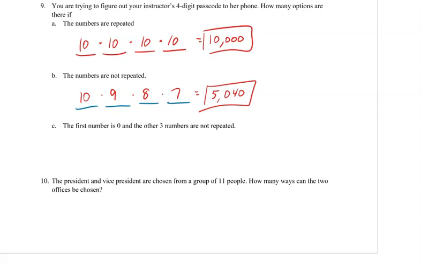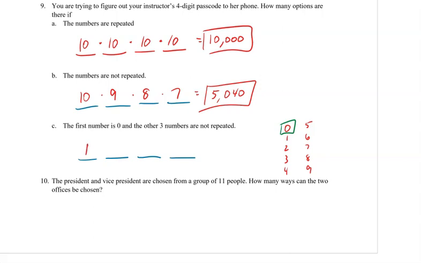For part C, first number is 0, and the other 3 numbers are not repeated. Alright, this one's a little weirder. So keep in mind, still the same 10 digits. I am going to go ahead and write them out again this time. This time, we know that the first number is 0. That means 0 has to be the first number. So how many possibilities are there for the first number?